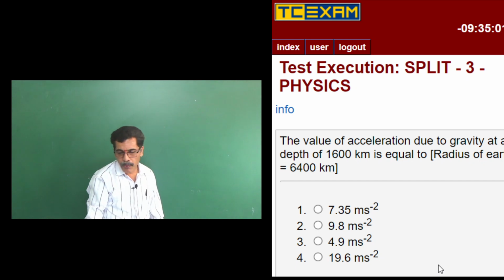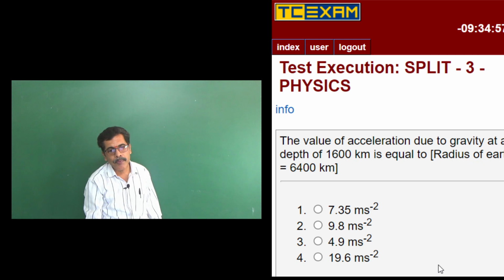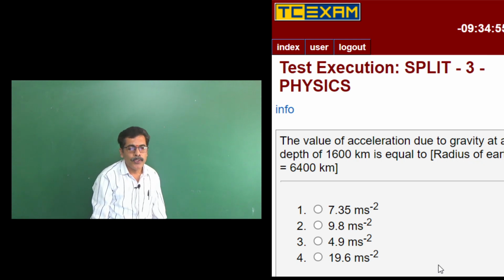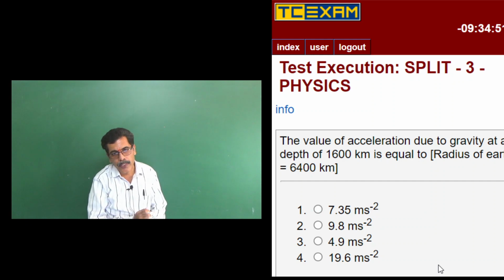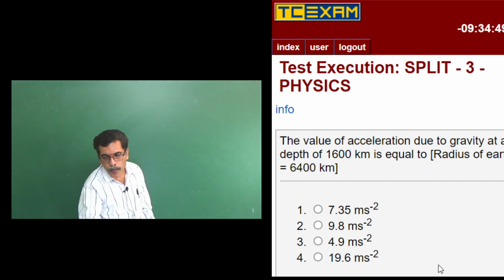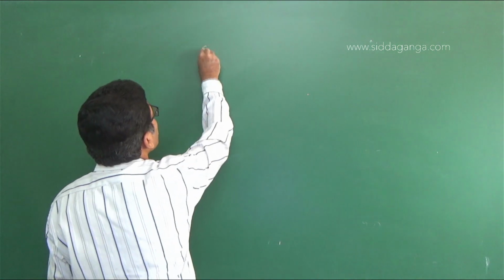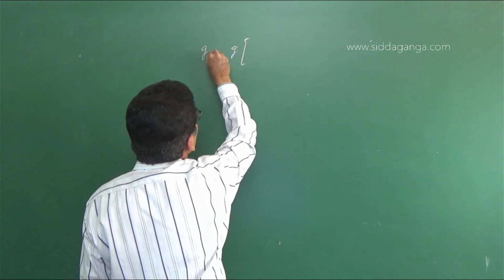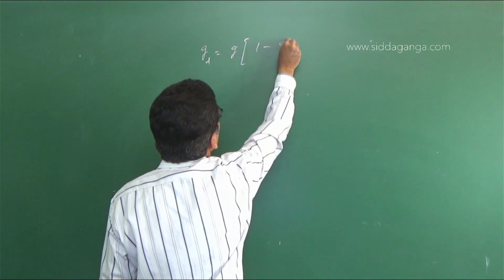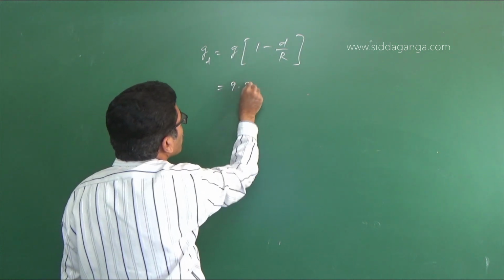Let me read out the question. The value of acceleration due to gravity at a depth of 1600 kilometer is equal to... they have given the radius. Now we shall consider the variation of acceleration due to gravity with depth, which is given by g_d is equal to g into 1 minus d by R. g is 9.8.